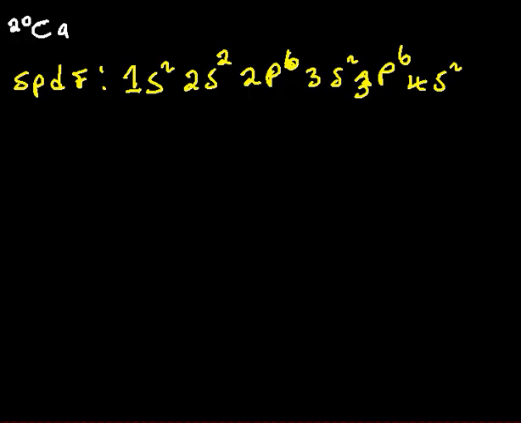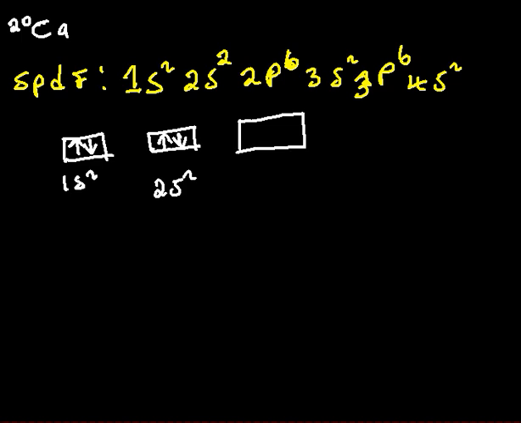Now using the orbital diagrams, for 1s2 we'll have the electrons going like that, and corresponding to 2s2 we also have it in the same way going over like that. That is 2s2, and we have 2p6. It means we should have 6 electrons in 3 orbitals, and we should have it in that way.